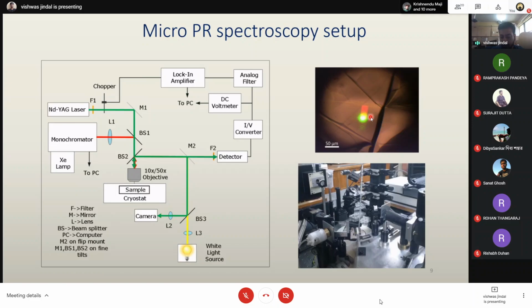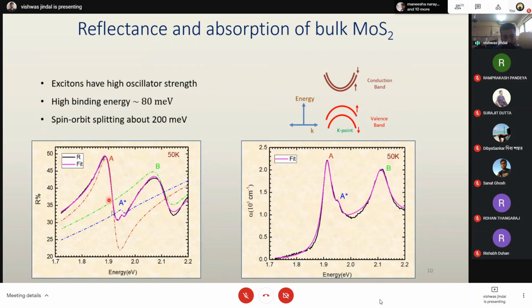Okay, now let's go into the measurements in the case of bulk MoS2. This here is the reflectance plot of bulk MoS2. One thing to note is, you see these very big signals. In the case of gallium arsenide, they were very small.